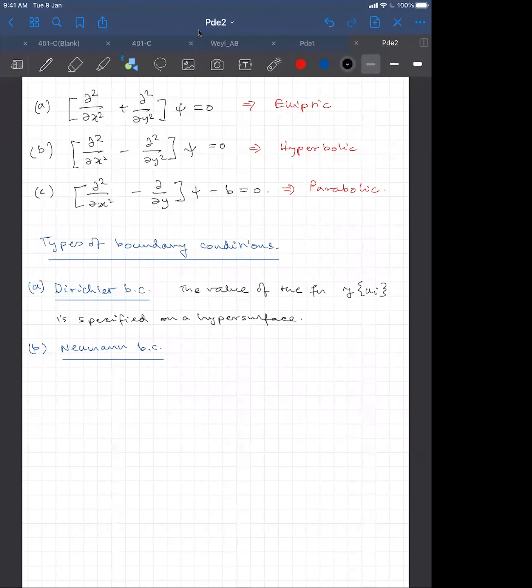Instead of y, what we will specify here is the normal derivatives of y, that is del y del n, on a hypersurface, specified.